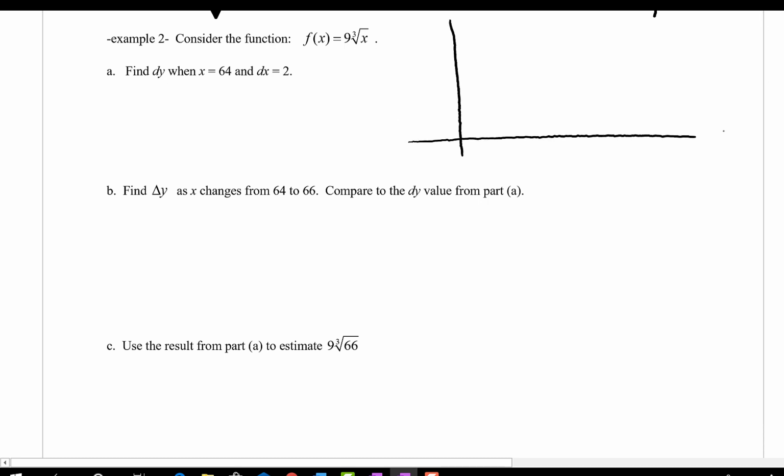So here's our function. f of x is equal to 9 cube roots of x. It's asking for dy when x is equal to 64 and dx is equal to 2. So why don't we label this point here where x is equal to 64. Let me first write this down. 64 plus 2, the dx, would be 66. So that would give me that second point that we were talking about earlier in that picture I drew.